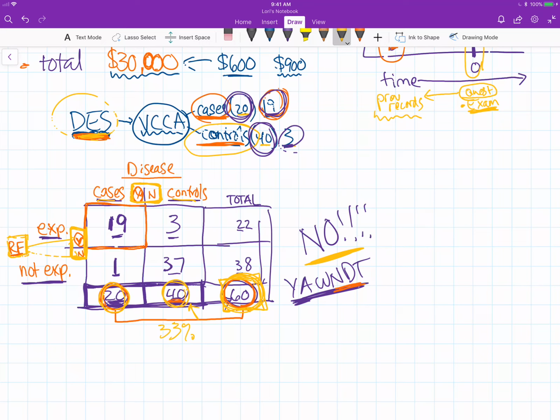So just be really intentional about being aware that in this case, we have a 2x2 table. That means that we have two dichotomous variables. The exposure is dichotomous and the disease is dichotomous. So those are some important points to remember about arranging the data for this type of study design for rare diseases. Thanks for joining me.